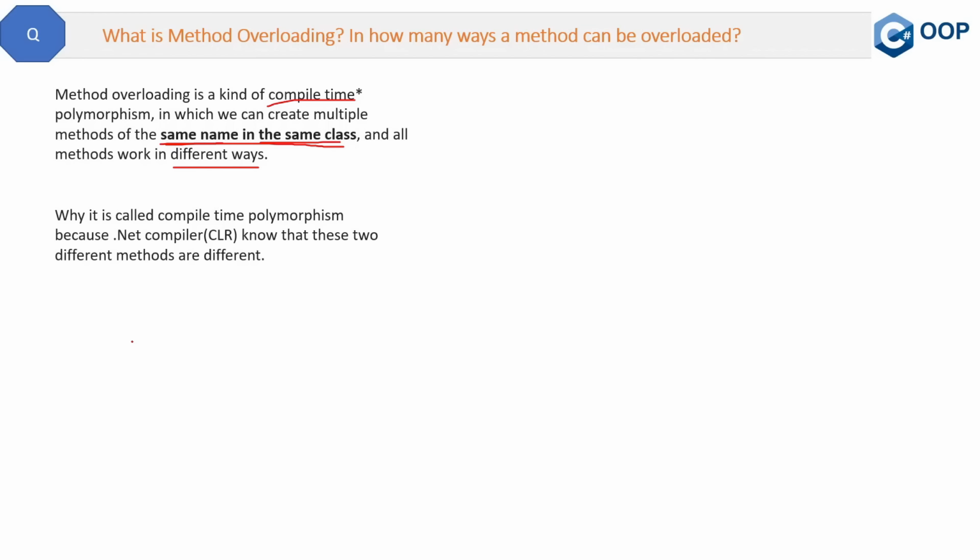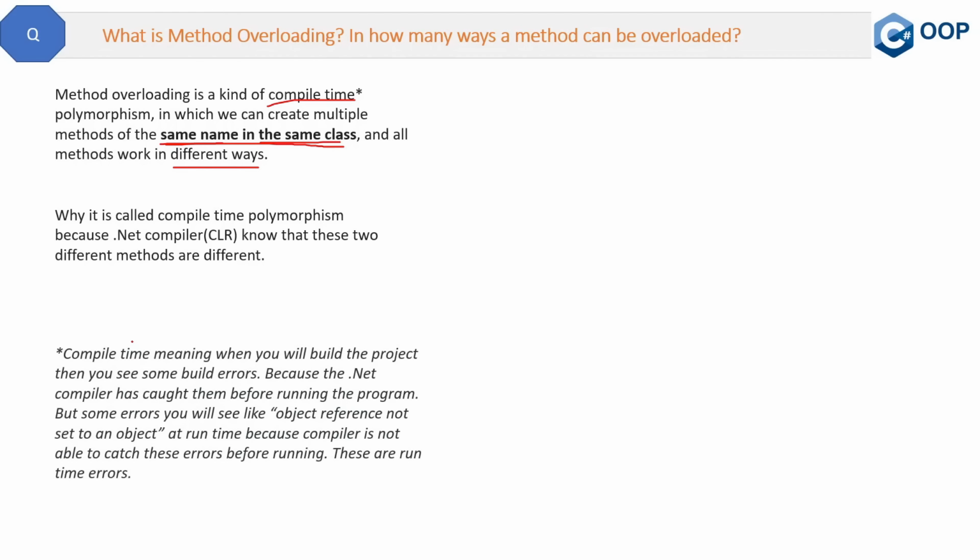But some errors you will see will be like object reference not set to an object. That is a runtime error because the compiler is not able to catch these errors before running. These are runtime errors. So this is a slight idea of what is compile time, which CLR can identify in .NET framework, and what is runtime, which cannot be identified by the CLR.